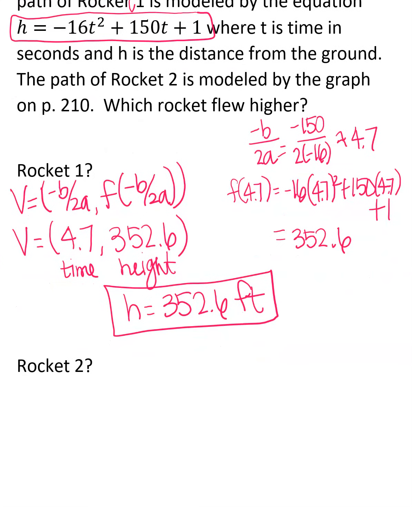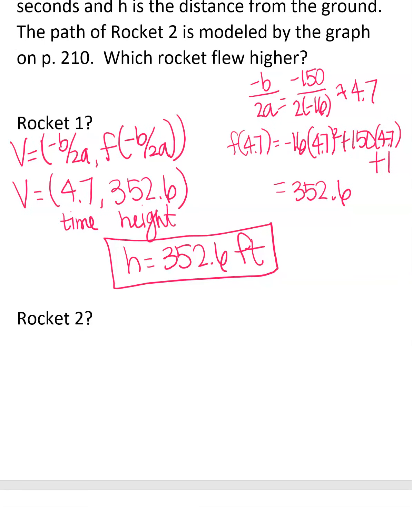Okay, for rocket 2, we're going to look in the book, and we have a picture that kind of looks like this. It starts at 0, 0, goes to 12, 0, and then what they're going to do is estimate how much this is. Now, really, they should be using equations like we did in those first two examples, and if they are, we can pick any points that we want that we know exactly what they are.